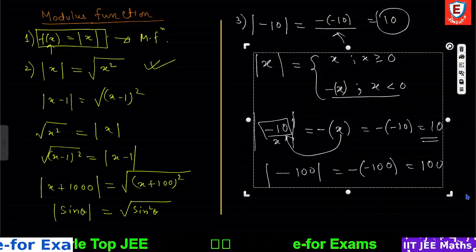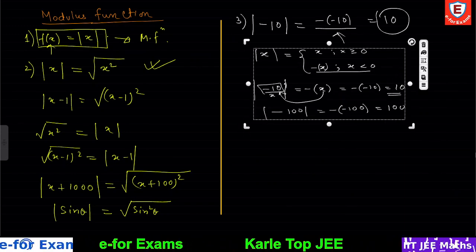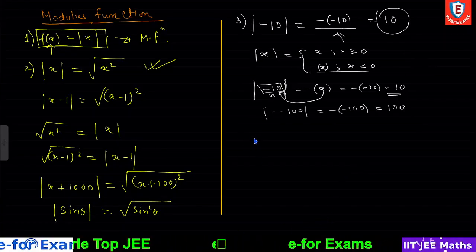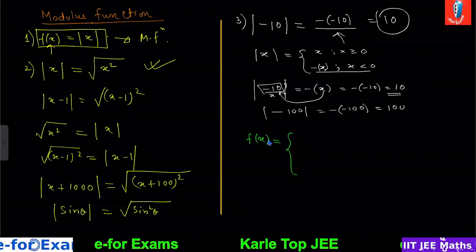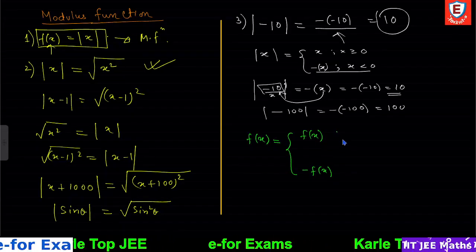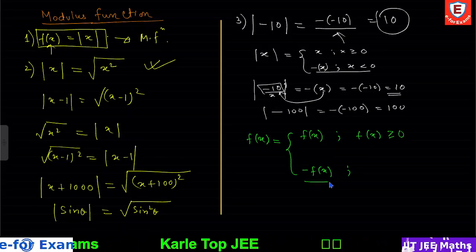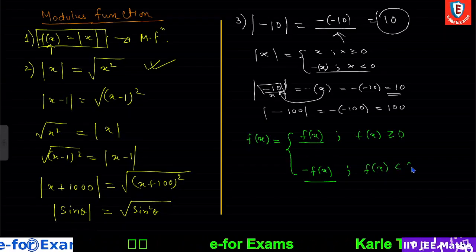Wait a second. Let me create some space. Let's write this down. Suppose f of x is equal to, in function format we can write like this, f of x when f of x is greater than or equal to 0, and it is equal to minus of f of x when f of x is less than 0, right?